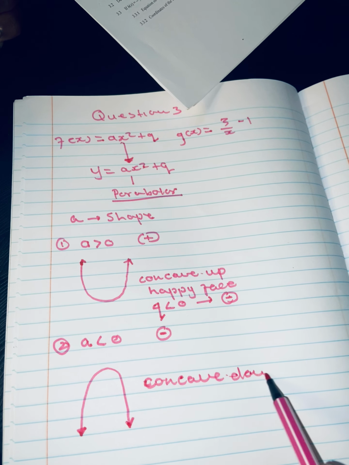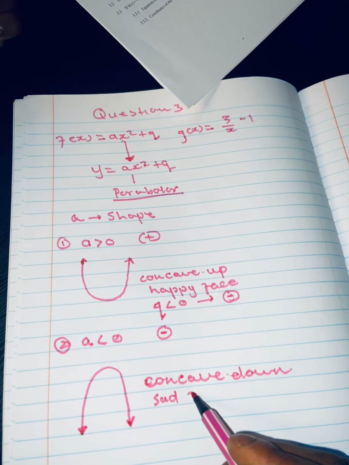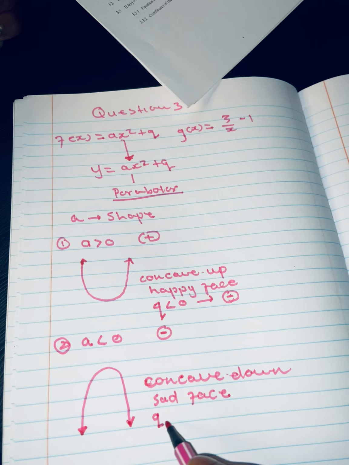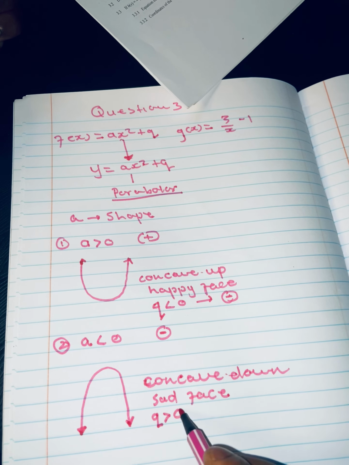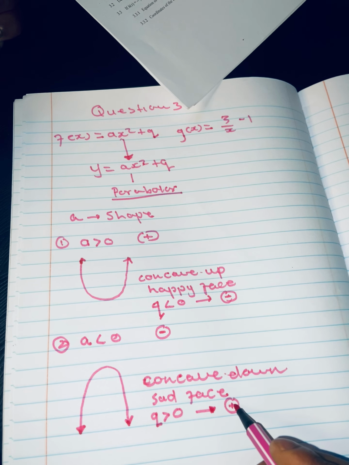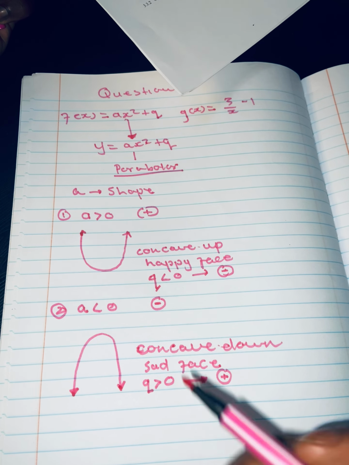Concave down is what we call a sad face. And when we see a sad face, you must know that the value of q is going to be greater than 0, as it will be positive. These are things that you need to know.